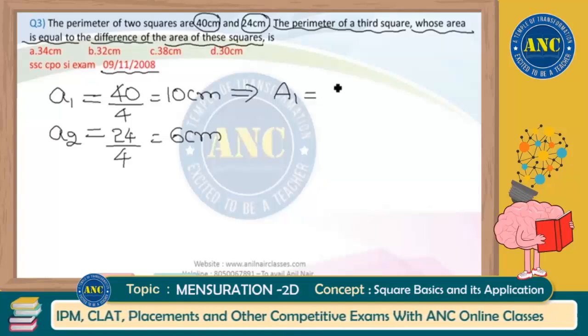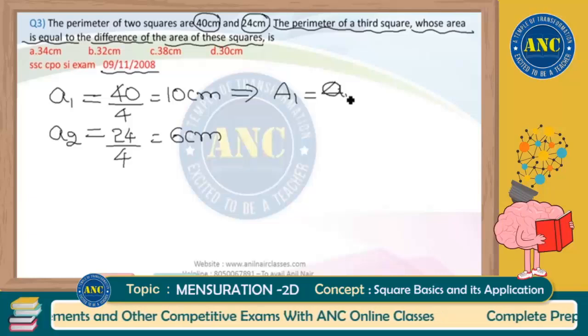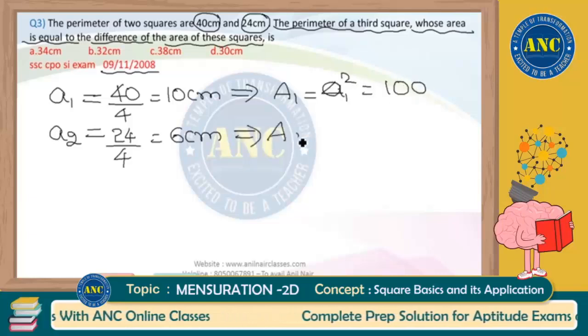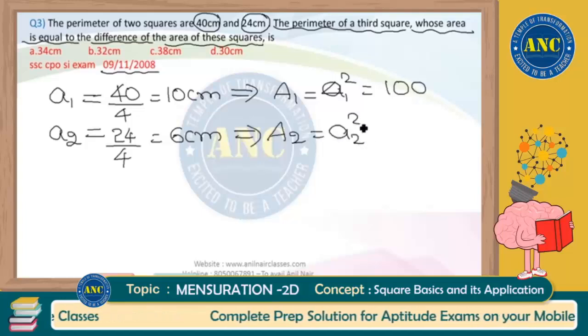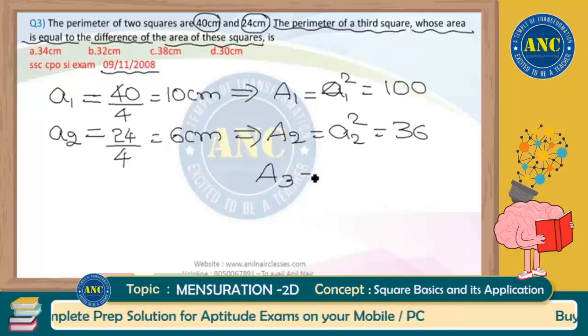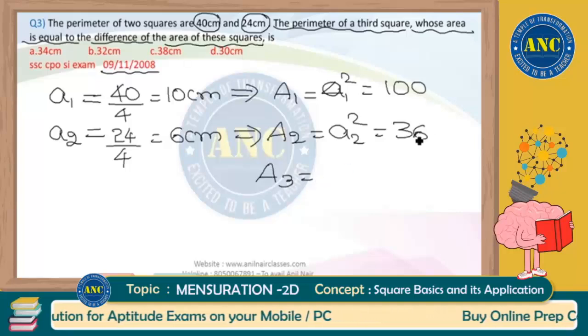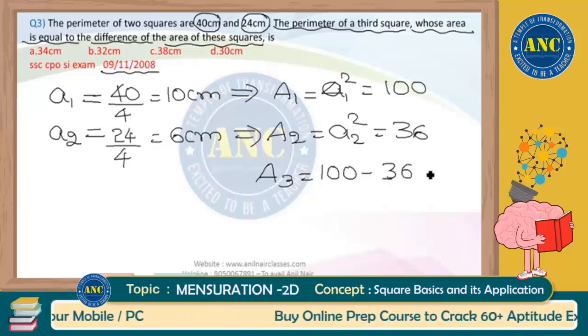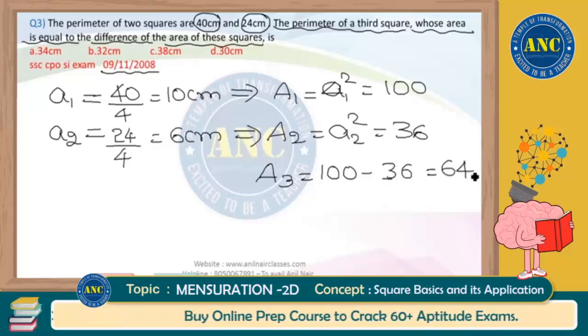The area of the first square is a1 squared, so it is 10 squared, 100. The area of the second square is a2 squared, 6 squared, 36. The area of the third square is the difference, 100 minus 36, which is 64.